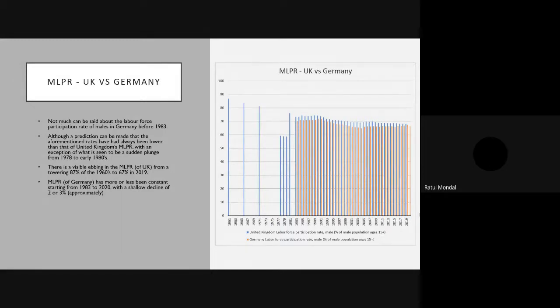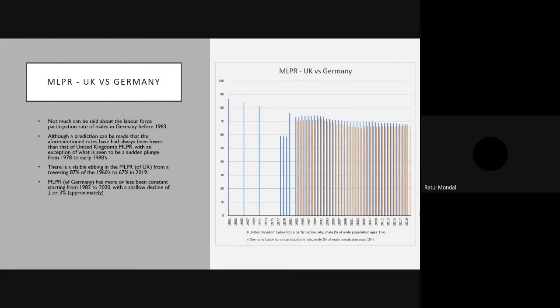Now, if we are to compare MLPR of UK versus Germany, as you can see, because of inadequate data, not much can be said about the participation rates of males in Germany before 1983. Although seeing the trend, we can make a prediction that the MLPR of Germany has always been lower than that of United Kingdom, with a sudden surge in 1978 to 1980s that we can see.